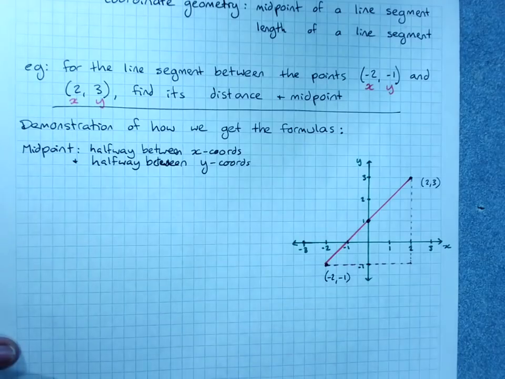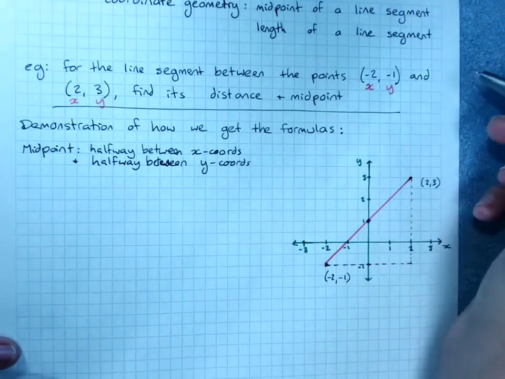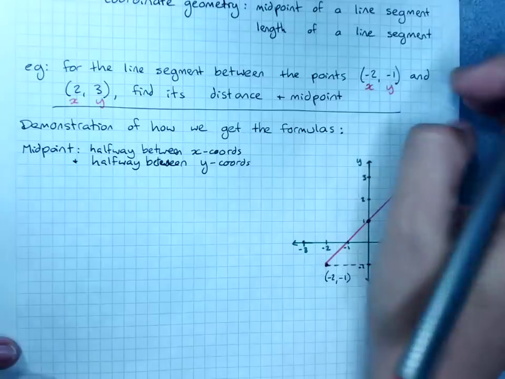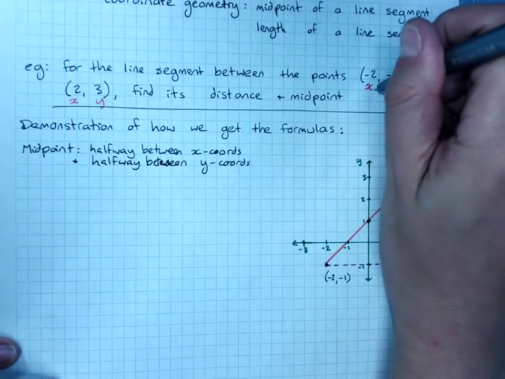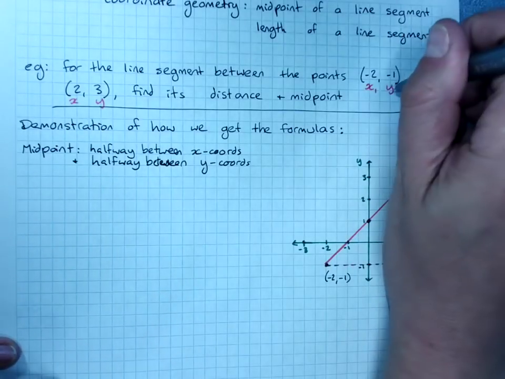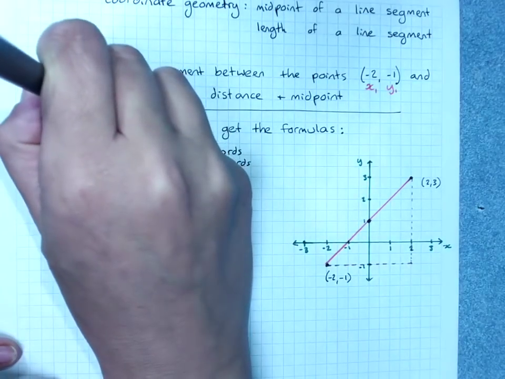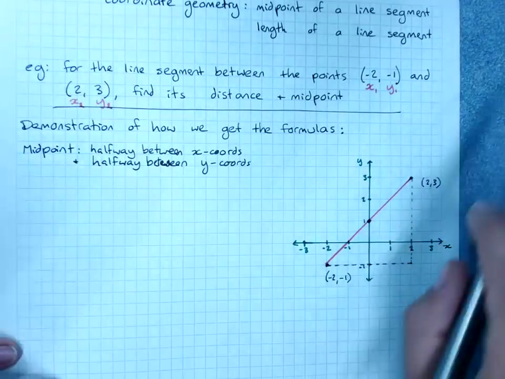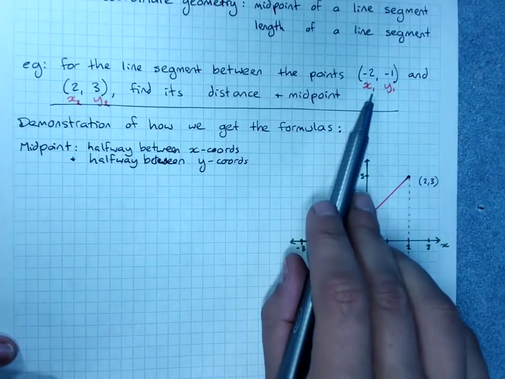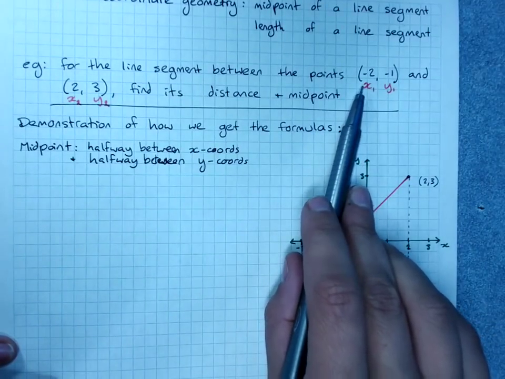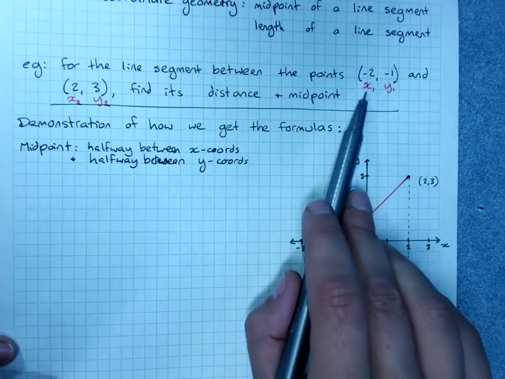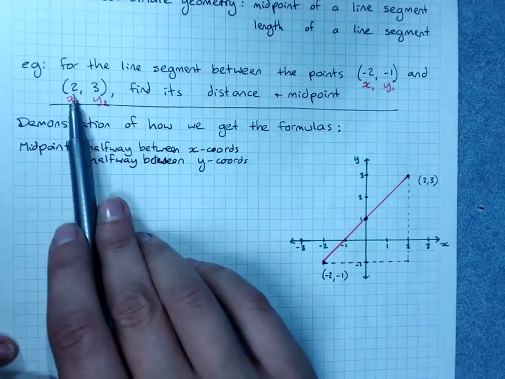So we use a subscript. It doesn't matter which point is point 1 and which point is point 2, it will always work. This is x1, this is y1, this is x2, this is y2. In maths, labeling with a subscript number identifies the thing. So this is x from point 1, this is x from point 2.